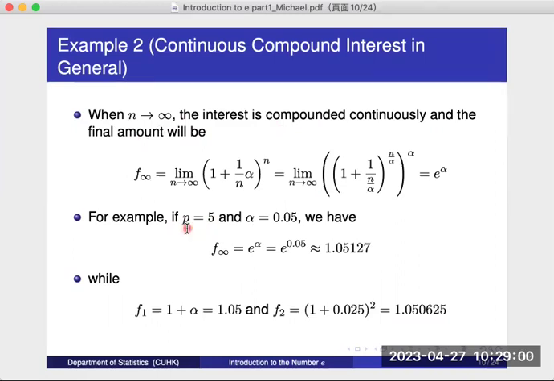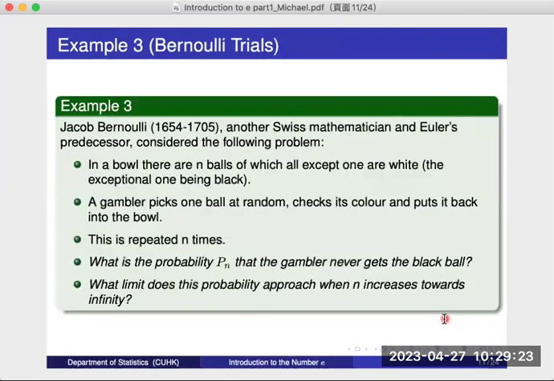For example, if p equals 5 and alpha equals 0.05, we have F infinity equals e to the power of alpha equals e to the power of 0.05, approximately equal to 1.05127, while F1 equals 1.05 and F2 equals 1.050625. In short, we discussed the concept of limits of sequences and saw how they are used to define a number.